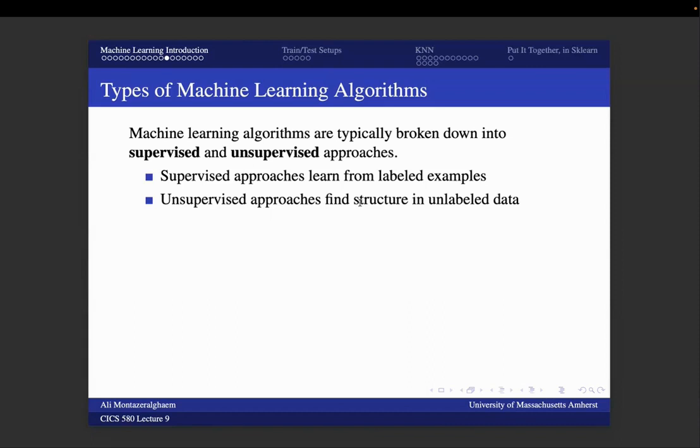But in the unsupervised approach, we need to find the structure in the unlabeled data. So in unsupervised approaches, we don't have any label for the data. We just need to find some patterns in the data.